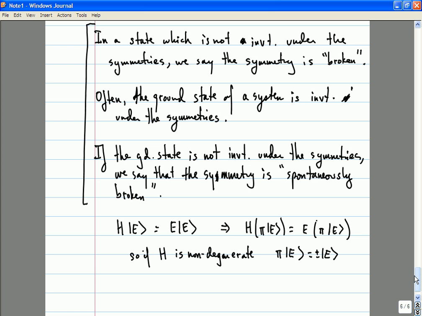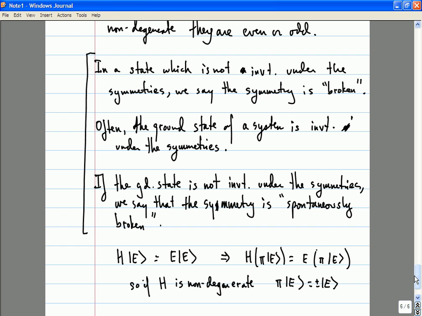Electrons are fermions, so they can't form a Bose-Einstein condensate, but if they pair up according to some interaction, they can be bosons, they can condense, and that condensation spontaneously breaks the gauge symmetry of electromagnetism, in precisely the sense that I've described here, and that breaking is what's responsible for superconductivity.